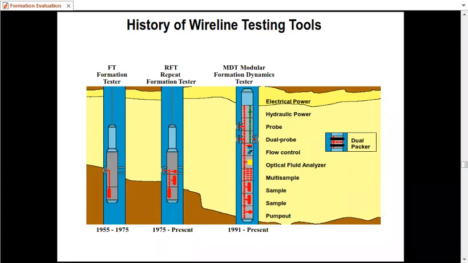The history of wireline testing tools: we have old-fashioned tools coming in the years of 1955 to 1975. This tool is a formation tester.